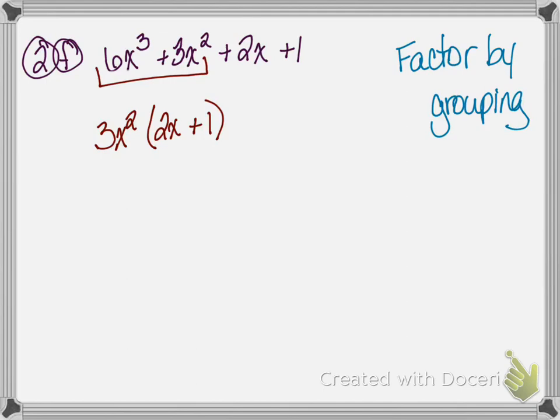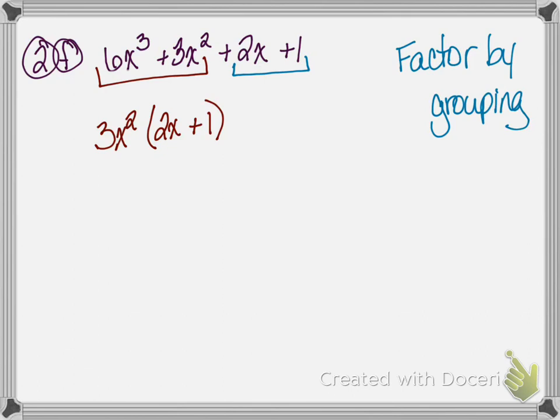Now we're going to look at the second part of this, 2x plus 1. There's actually not anything, and I use that term reluctantly. You are probably looking at this and saying, well, Alicia, I can't factor anything out of the 2x plus 1. There's nothing that I can do with the 2x plus 1. And I would say to you then, what are you factoring out? What are you multiplying by to get exactly 2x plus 1?